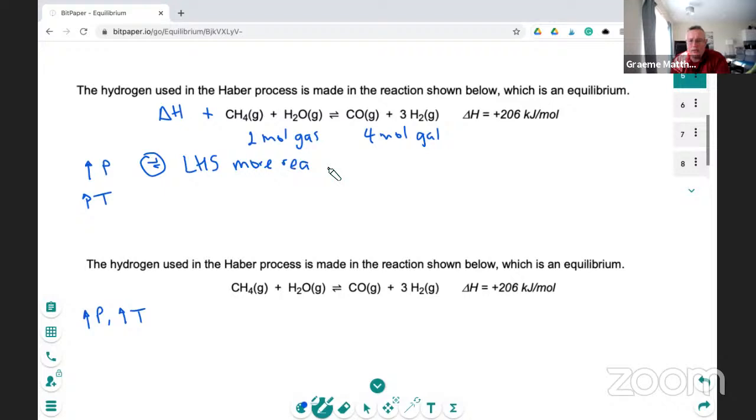Because you're trying to keep the equilibrium the same by moving the position, you move away from the side you're stressing, over to the left-hand side.